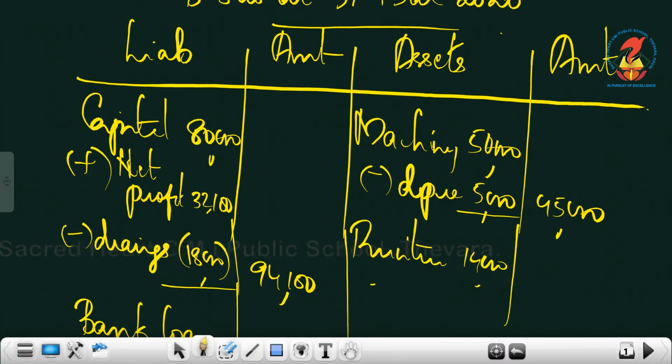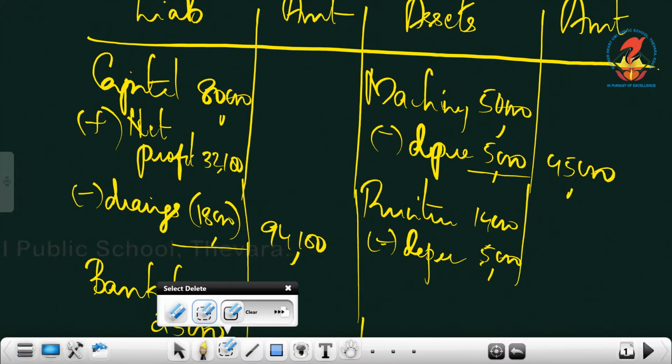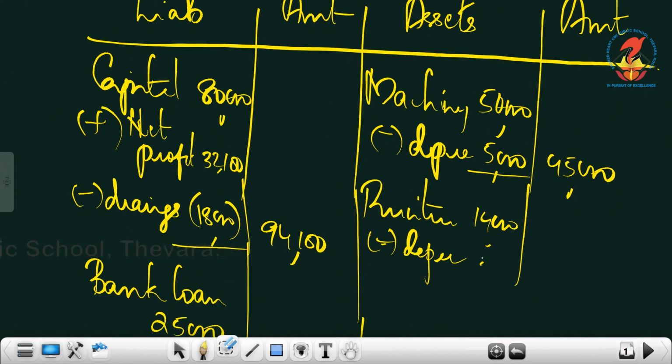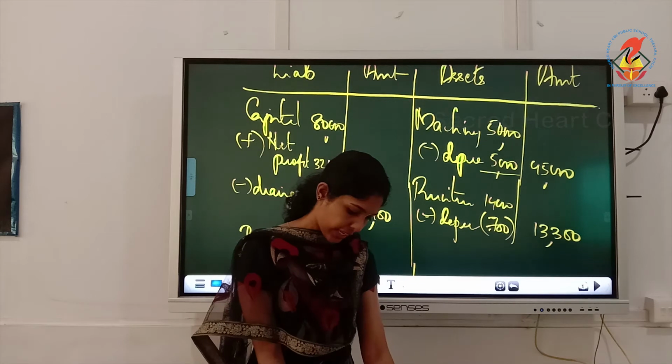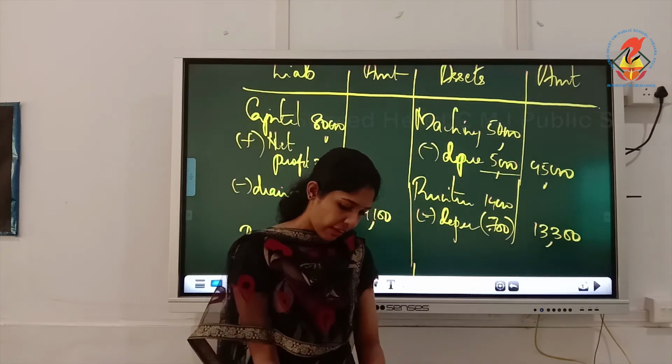From that also you have to less depreciation. It is 700. All these you have written already in P&L account. Just take the amount and write. No need to compute again. Okay, fixed assets are over. Just see whether you have any other fixed assets. No, we don't have any other fixed assets.